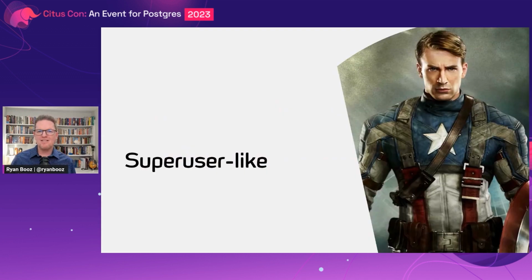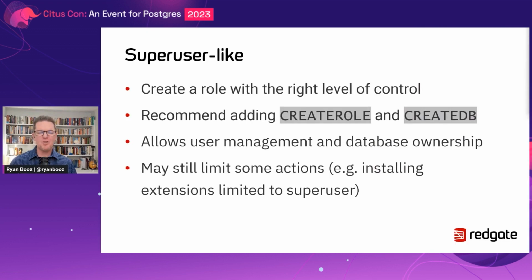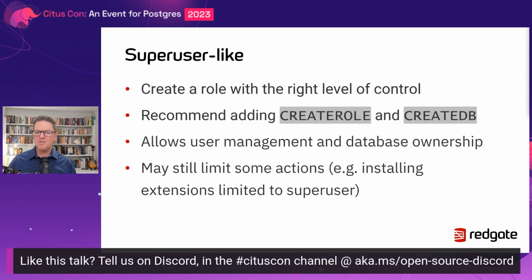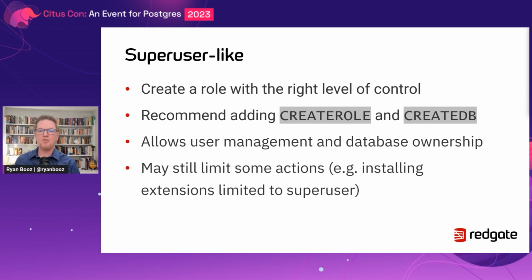Instead, you want something that's very super user-like, a role that has just enough privilege, but knows how to be responsible with that privilege and is looking out for your good. And so in the Postgres space, we would say that the right level of control might differ depending on what you need to do. The recommendation, if you're managing most of your own services, would be to have a role that can create other roles and can create databases.